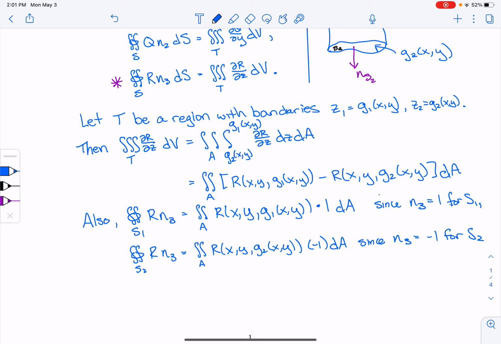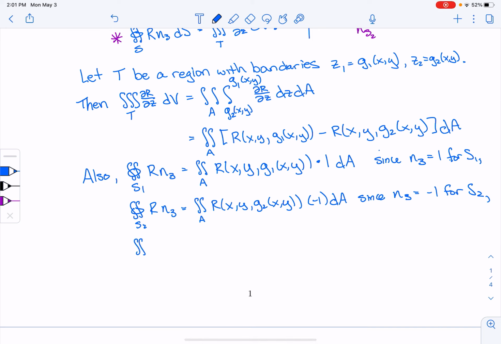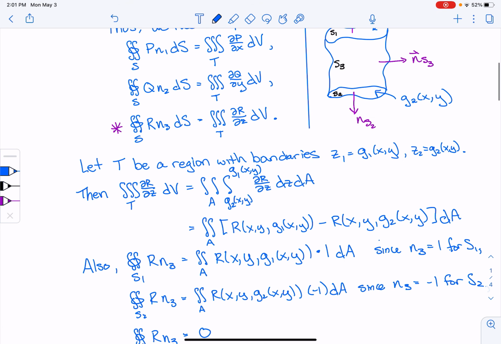And then finally, if I integrate over the lateral surface, it's going to be R n3. Well, in this case, that is going to be 0, because I'm going to have a horizontal vector here for n.